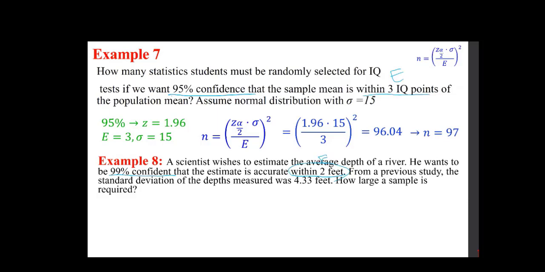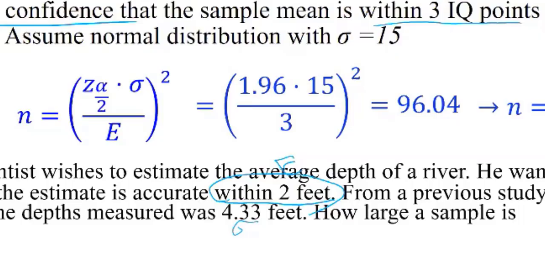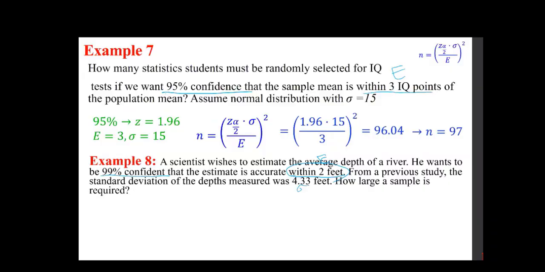And then from a previous study, the standard deviation of the depth measured. So that means you're assuming this is sigma. We use the 99% confidence interval, which corresponds to about 2.58, but it's really 2.575.